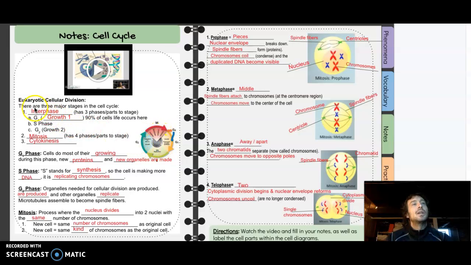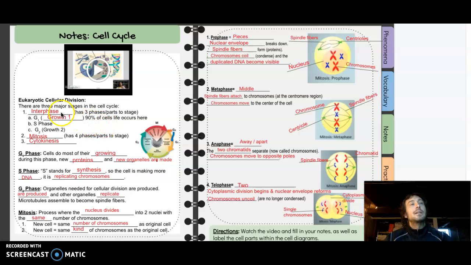In other words, interphase is part of the cell cycle, and interphase literally means between phases. And this is just when the cell is doing what the cell is supposed to do, right? It's growing, it's doing its function as a liver cell or a lung cell, heart cell, that type of thing.